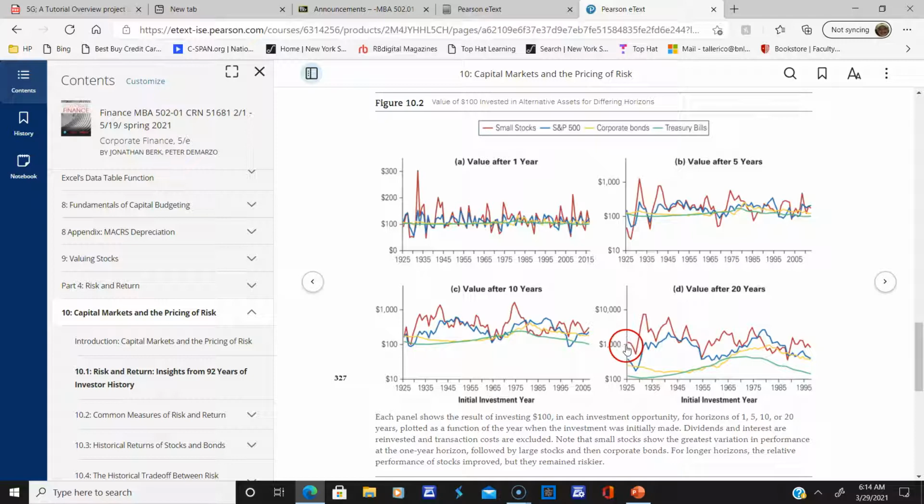So if you were to put $100 in 1925, you would have seen how it would have grown, right? Depending on the year you invested it. You would have $1,000 by now, right? After 20 years, so by 1945.